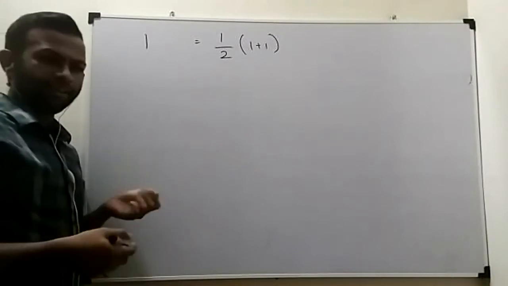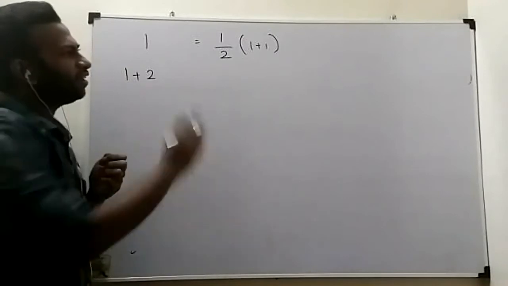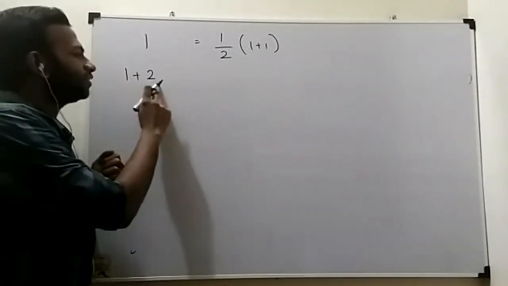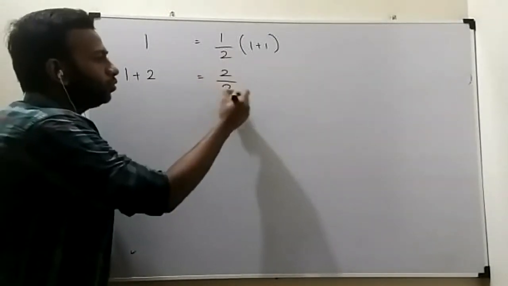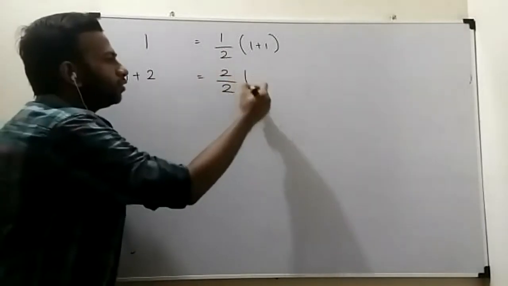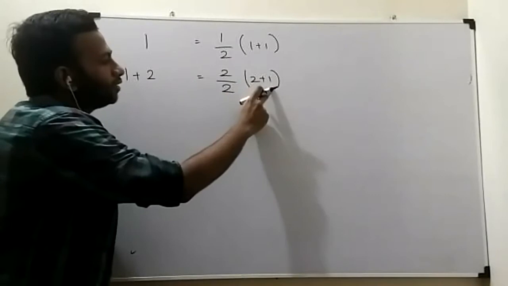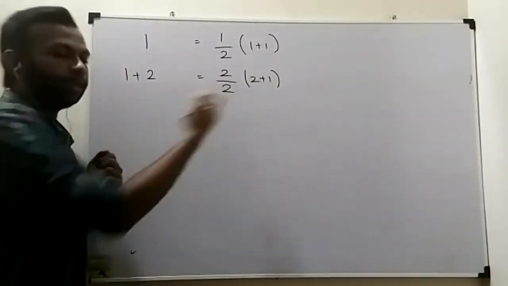What if I had another number, let's say 1 plus 2? Can I write it in the same format? Let's take the last number, 2, divide it by 2, and then add 1 to it. Is this correct? 2 plus 1 is 3. 2 divided by 2 cancels off, this side is also 3. So these two are equal.